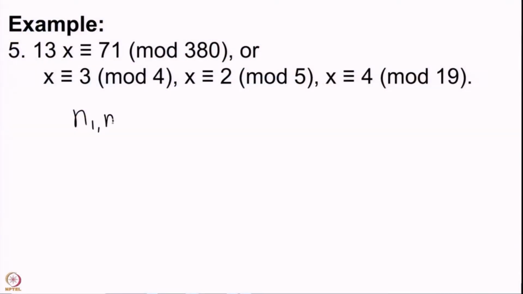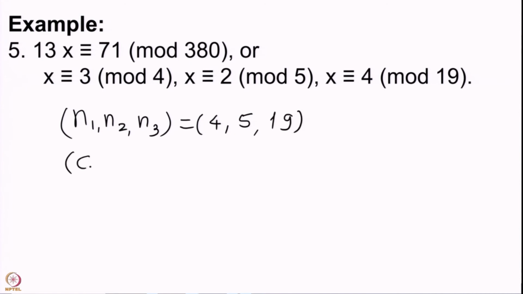So, let us get going. We have n1, n2, n3 are 4, 5 and 19. We can perhaps immediately compute C1, C2, C3 because A1, A2, A3 will be required only towards the last step.